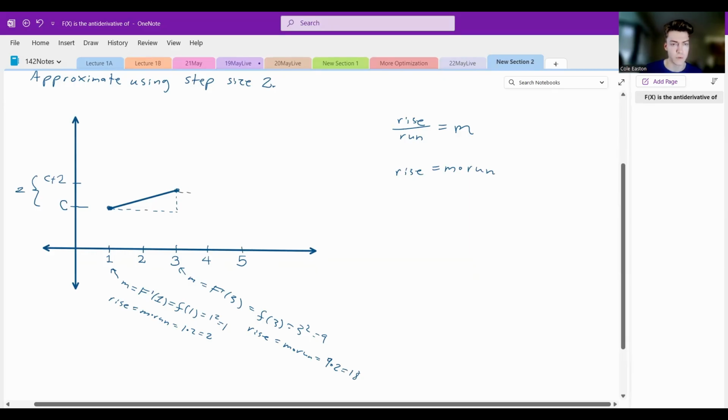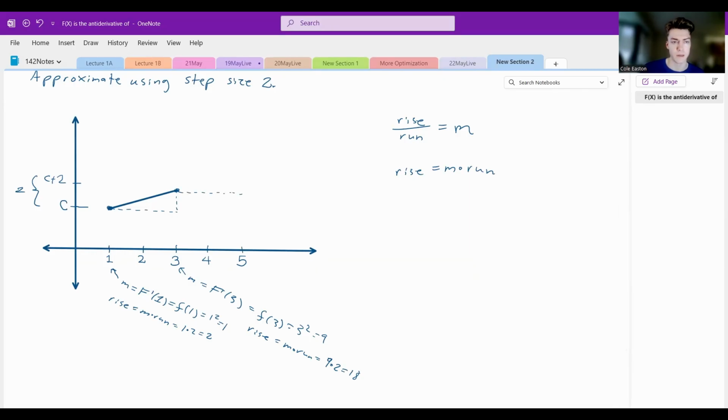So we're going to go over 2, and then we're going to go up 18, and we can just label our scale however we want. So I'll go up about to the top of this graph, and then we'll draw a line between these 2 points. We said that we went up by 18, so we have c plus 2 plus 18. So this point here is going to be c plus 20. And so our guess is that we increased by 20 between x equals 1 and x equals 5.